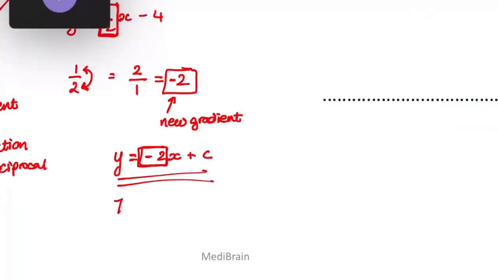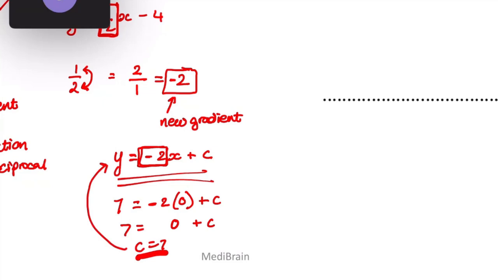So 7 equals minus 2 times 0 plus c. Minus 2 times 0 is just 0, so c equals 7. Now we know what c is, so we can substitute c back into this equation. So we have y equals minus 2x plus 7 as our final answer.